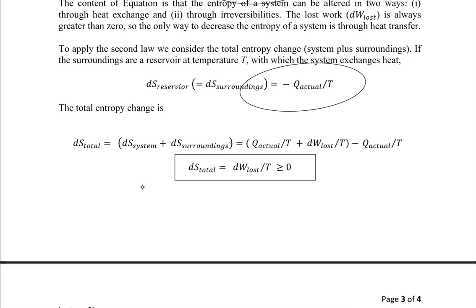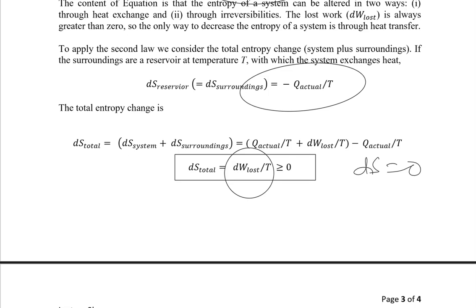Now if there is no lost work in a process, meaning the reversible work is equal to the actual work, so no work is lost during the process, then the total entropy change would be equal to zero.